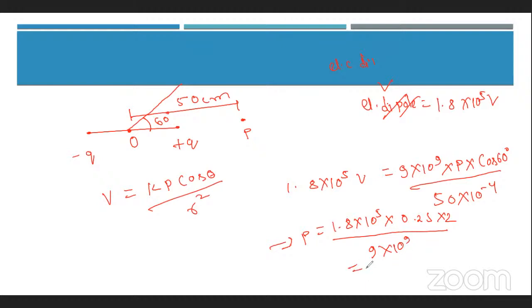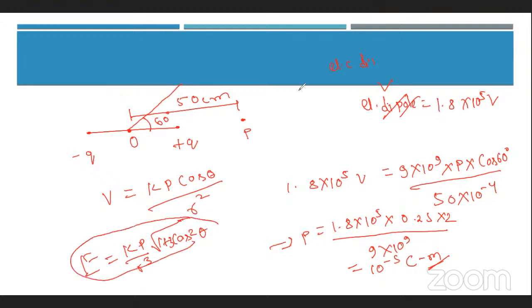So this will give you an answer of something around 10 raised to minus 5 Coulomb meter. So this is the general formula for potential, and for the electric field it is Kp by r cube root over 1 plus 3 cos square theta. Please remember this, cos square theta.